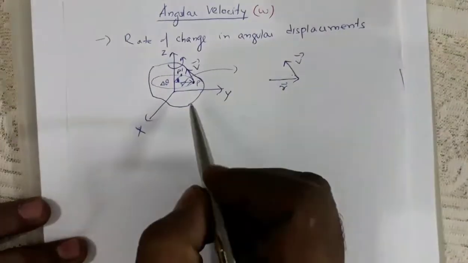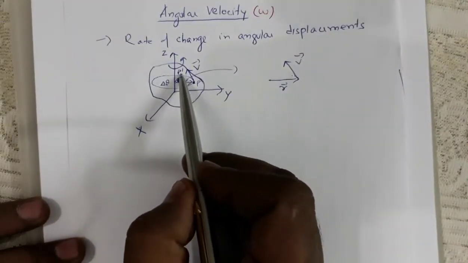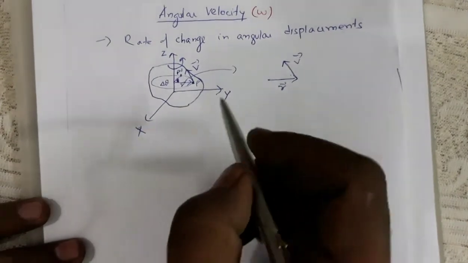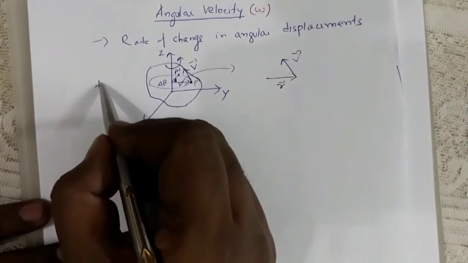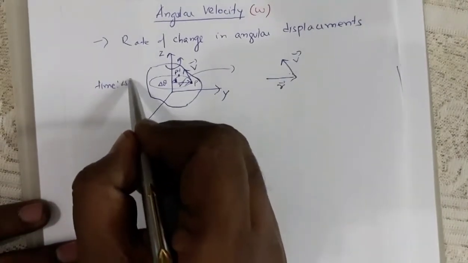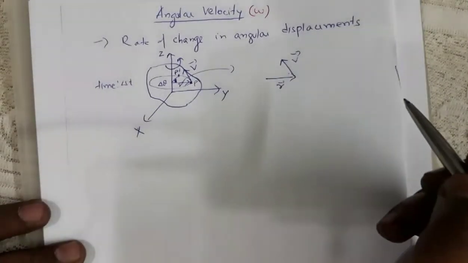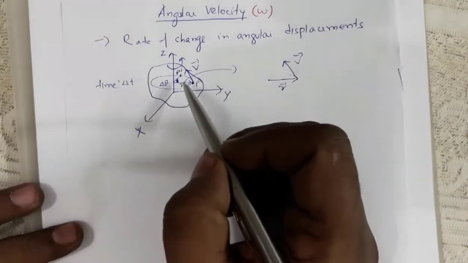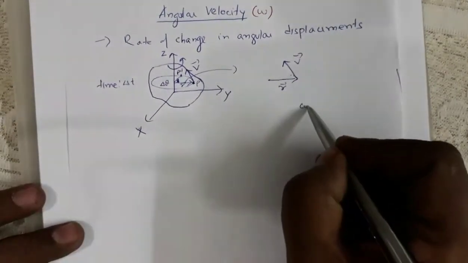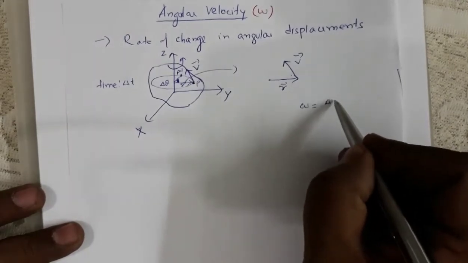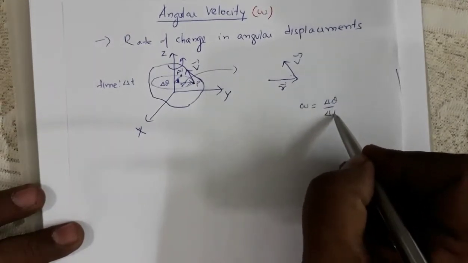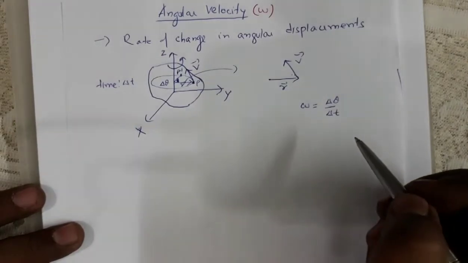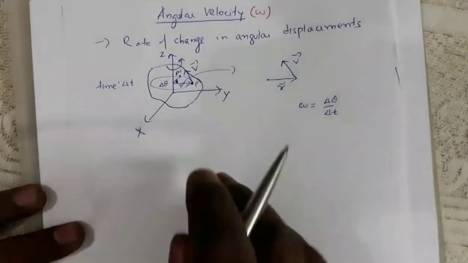It has gone from this position to this position by describing angular displacement delta theta in time delta t. So how do we define the instantaneous value of the angular velocity? Omega is equal to delta theta by delta t.